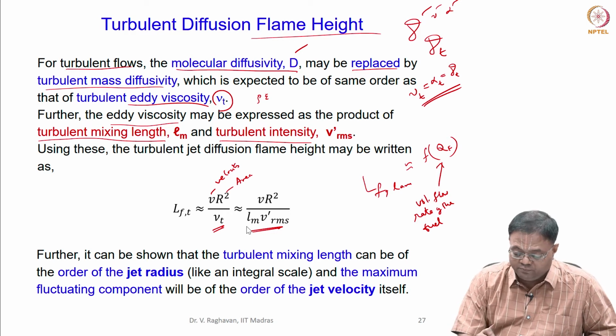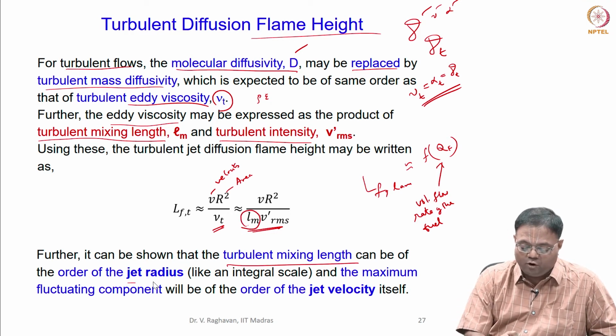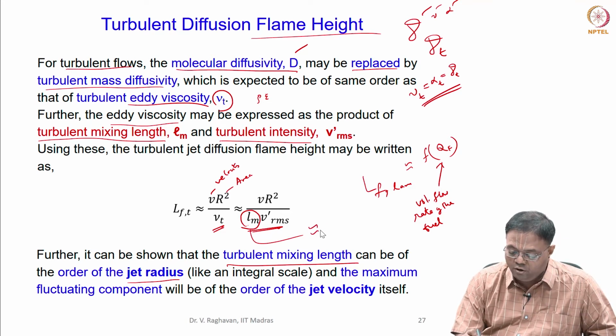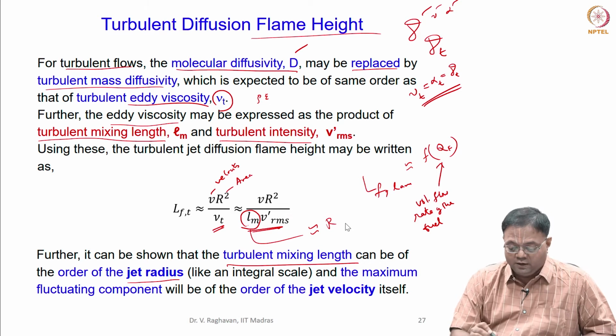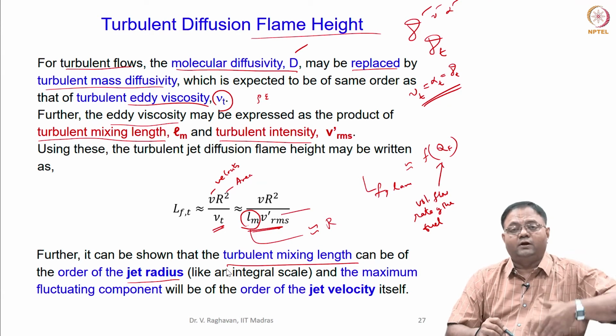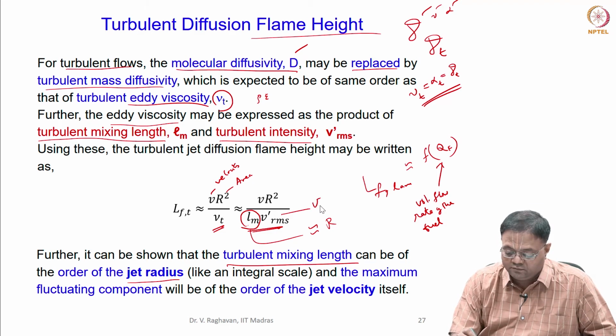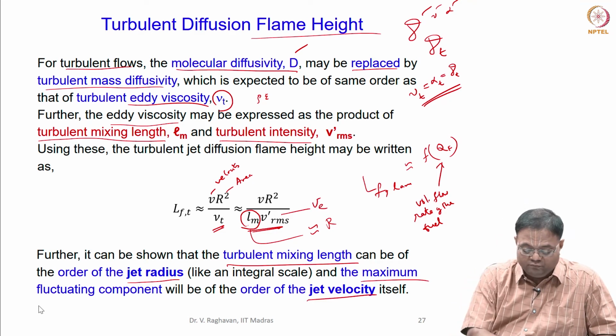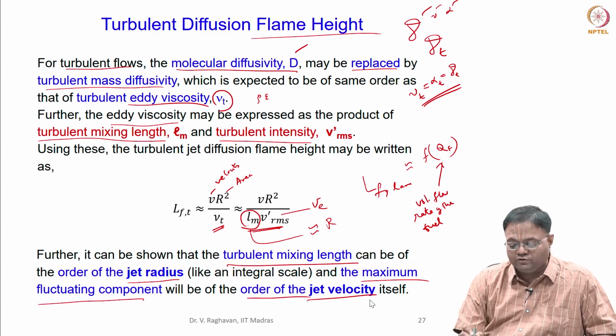Now if you take the turbulent mixing length, this can be of order of jet radius r, and the RMS velocity fluctuation can be as high as the jet exit velocity itself, VE. So the maximum fluctuating component can be of order of jet velocity.